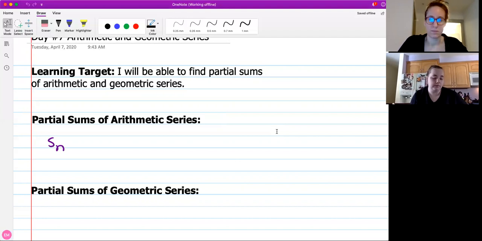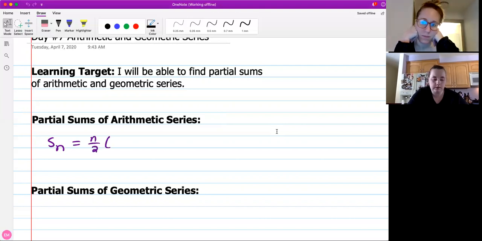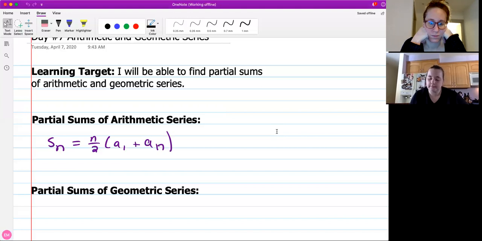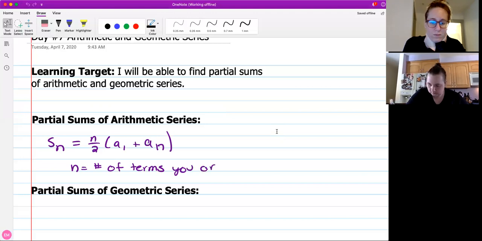So for this one, we have n over 2, a1 plus an. n is the number of terms you're combining. Remember, a1 is just your first term, and a sub n is the term number that you're going to. This will give you the partial sum of your series.